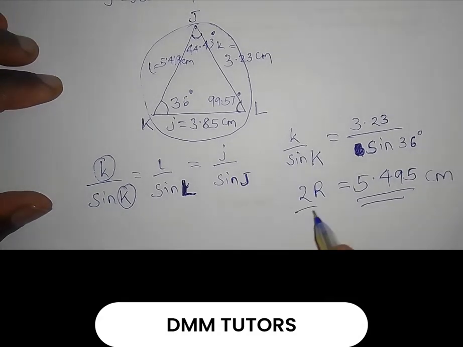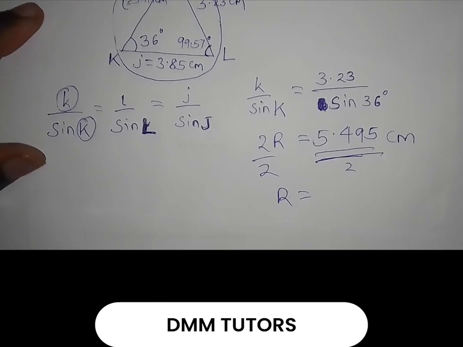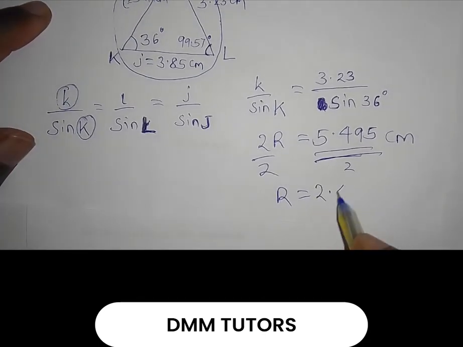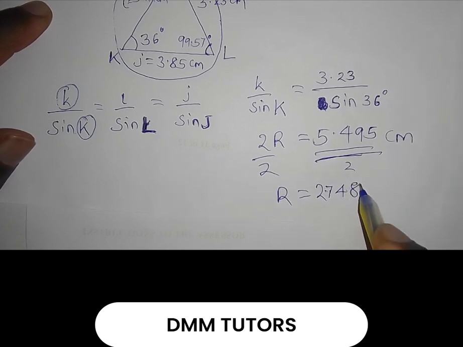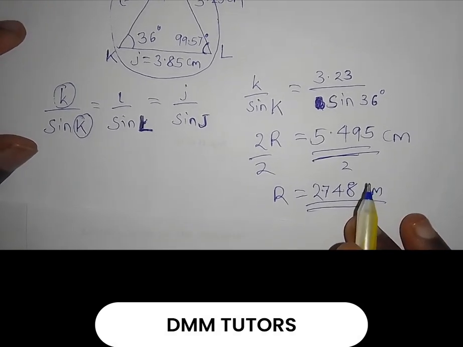So the radius will be 5.495 divided by 2, that is 2.748 centimeters. So that is the sine rule.